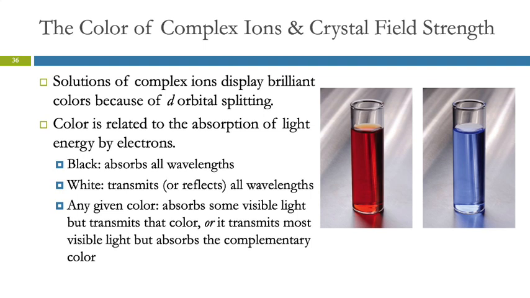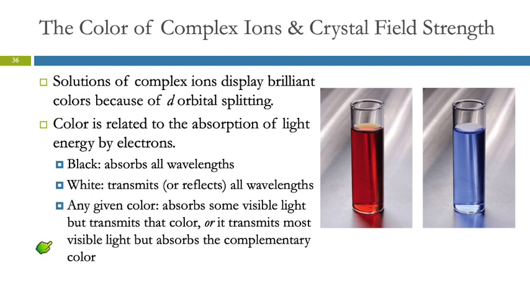So hopefully we remember that color is due to the absorption of light energy by the electrons. And so if we have something that's black, it's going to absorb all wavelengths and not reflect much of anything. Something that's white does not absorb, but will transmit or reflect all wavelengths.